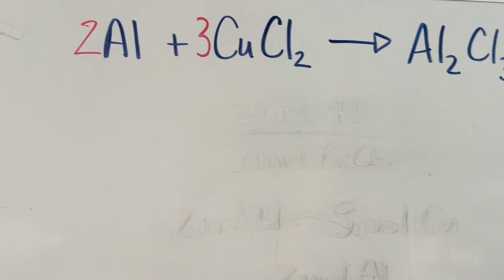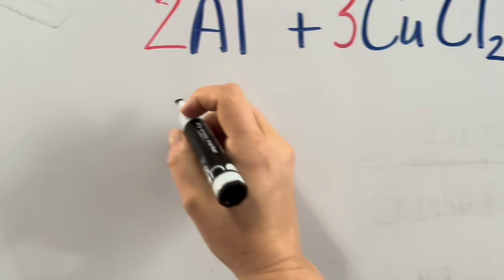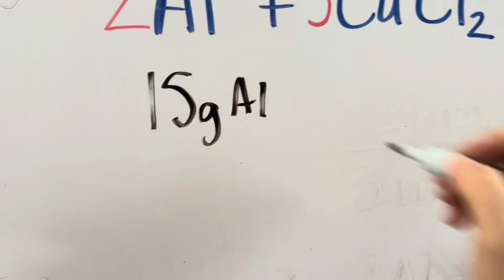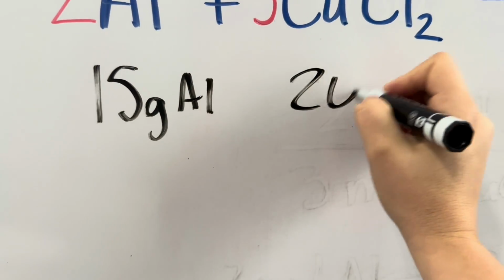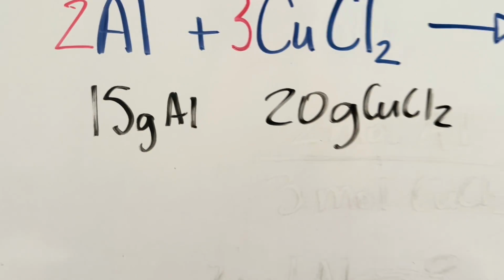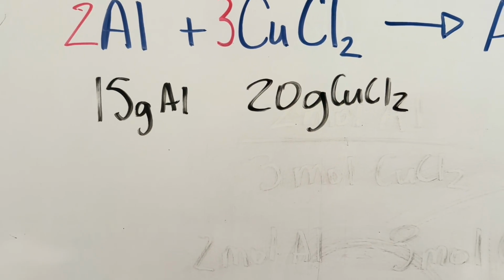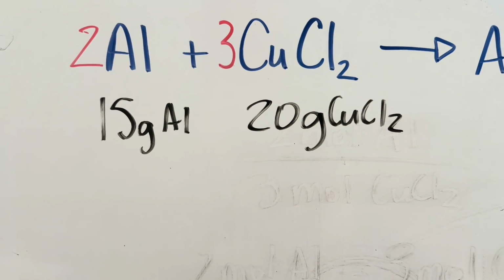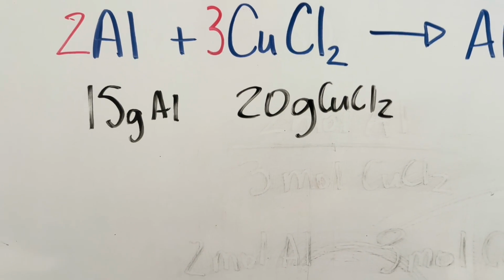We are told that we have 15 grams of aluminum and 20 grams of copper chloride, CuCl2. We have to convert these to moles. How do we convert them into moles?